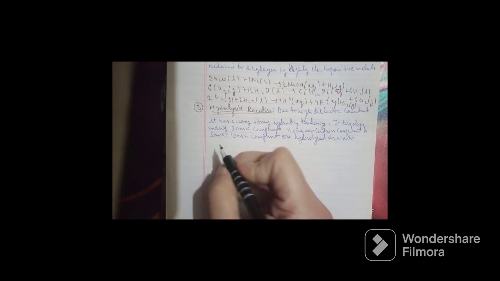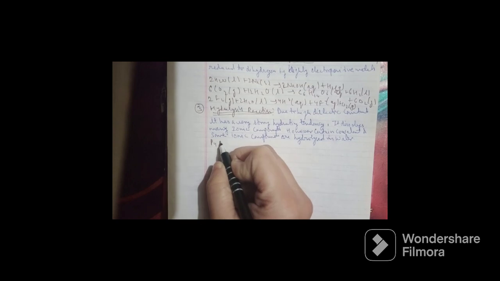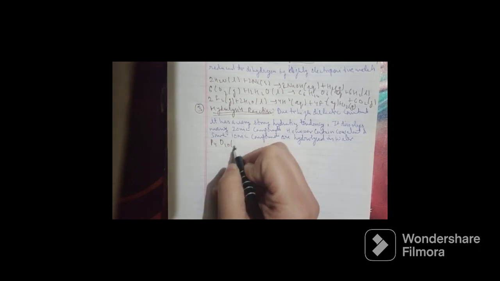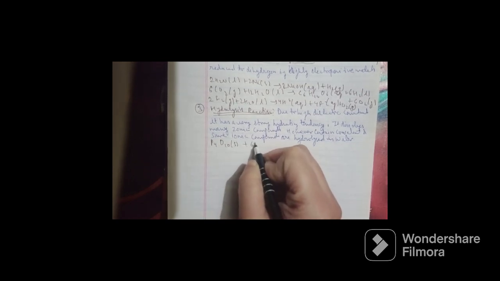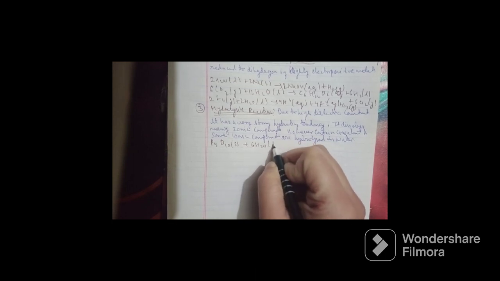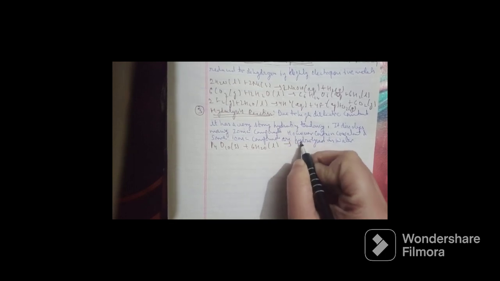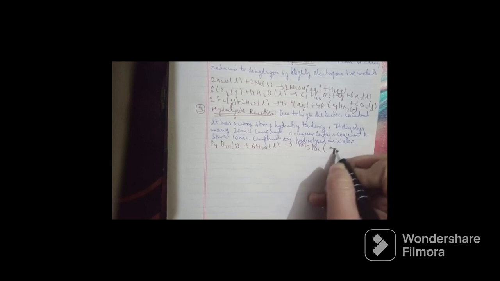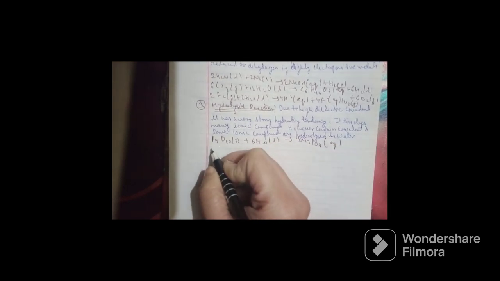For that we have P4O10 solid plus 6H2O liquid giving 4H3PO4 aqueous.